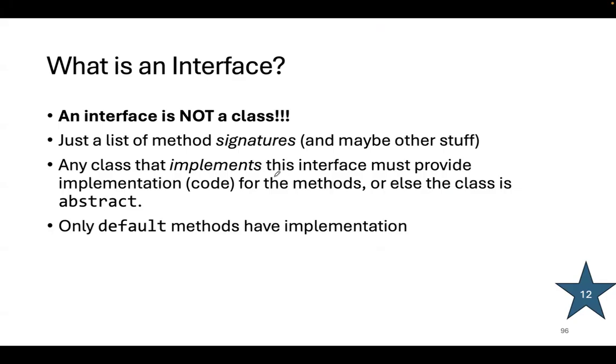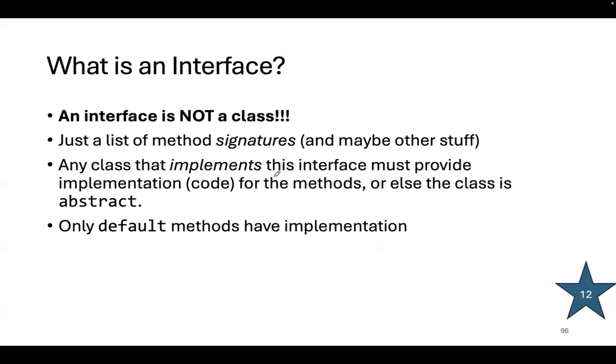Here's a question for you. Let's say I have an abstract class. Do I have to have abstract methods in there? So I have an abstract class. I've got many, many methods. Do any of them have to be abstract? So here's the thing.